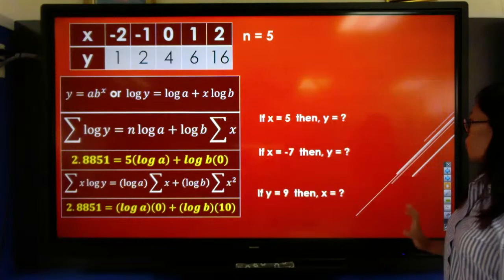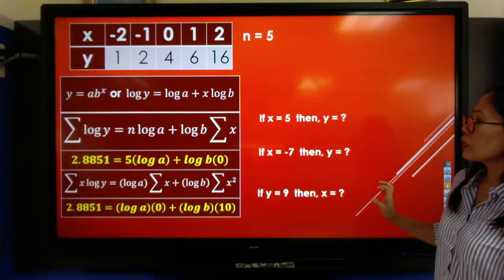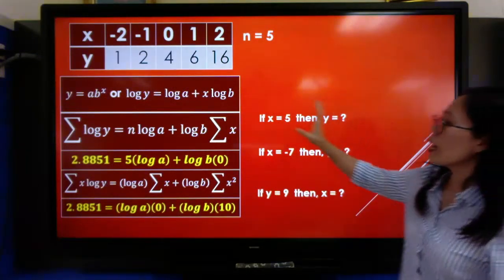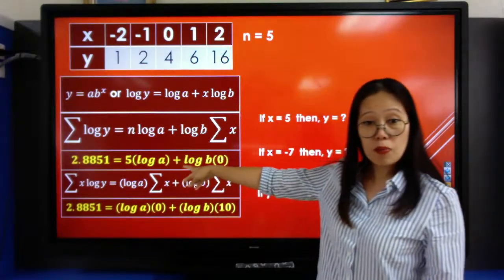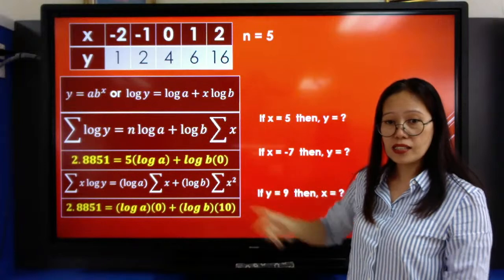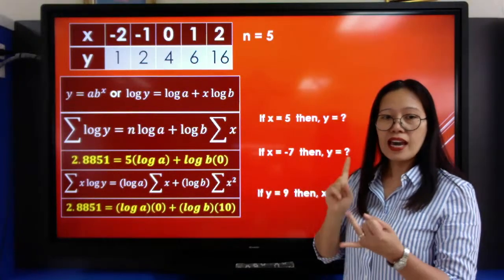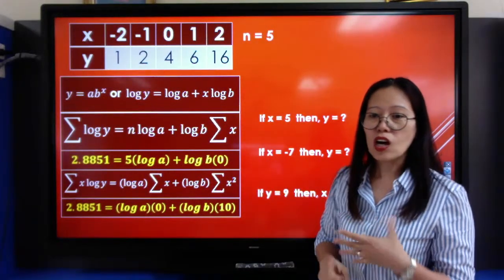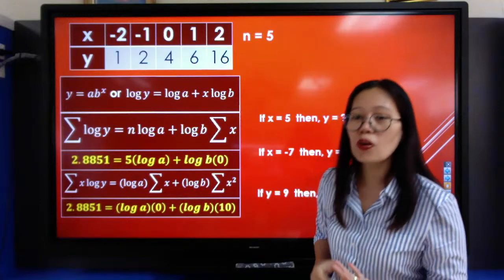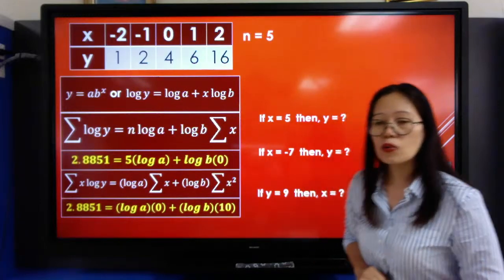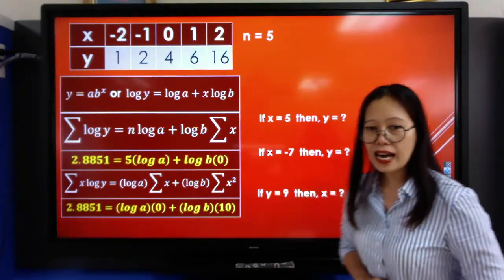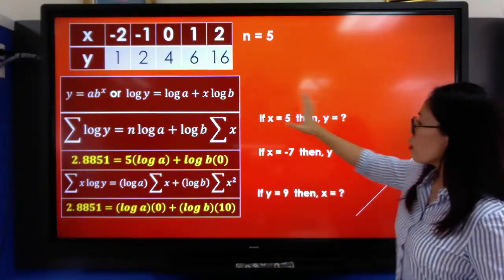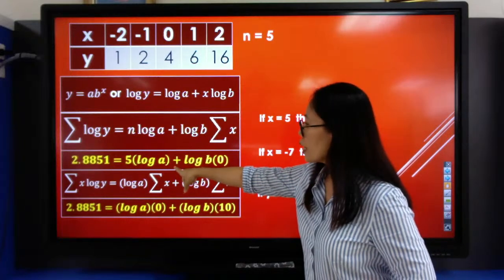Yes, very good. So what are our constants here? We need to find A and B. Remember that we have only two constants here, A and B. So all we need to do is solve for the constants. So solve for A.